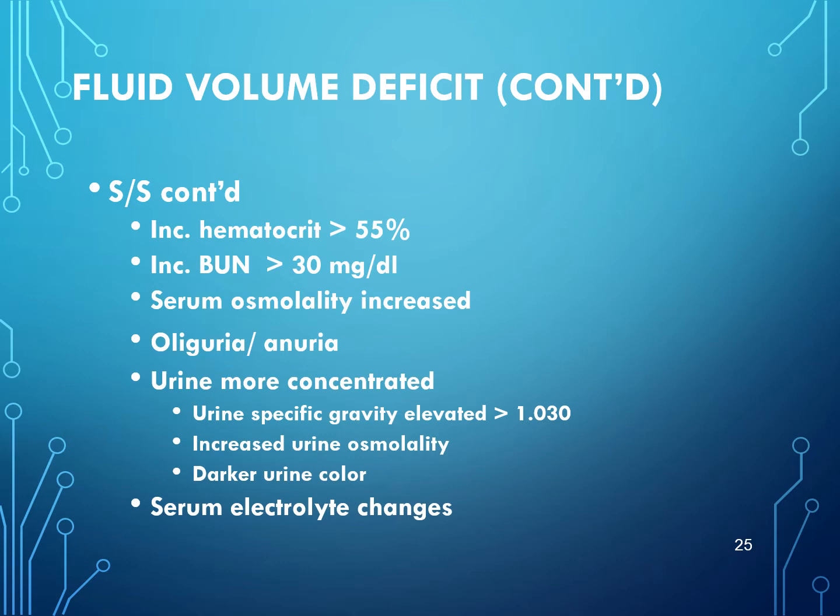We're going to see oliguria or anuria, which is no or minimal urine, less than that 30 milliliters per hour in adults and less for children. So children, it's going to be about less than 25 milliliters per hour. And in infants, it goes down further. So the normal for infants is going to be 10 milliliters per hour, and we're going to see less than that.